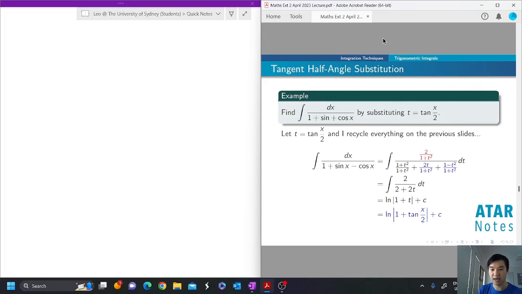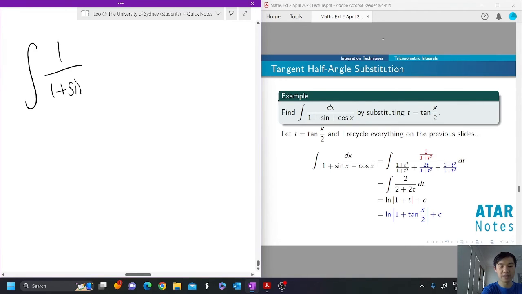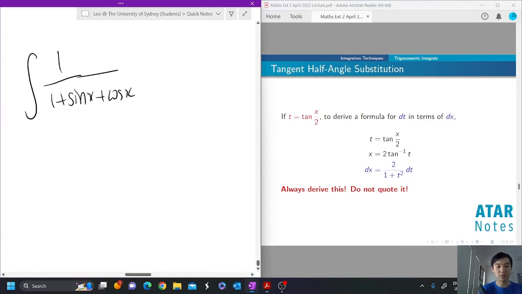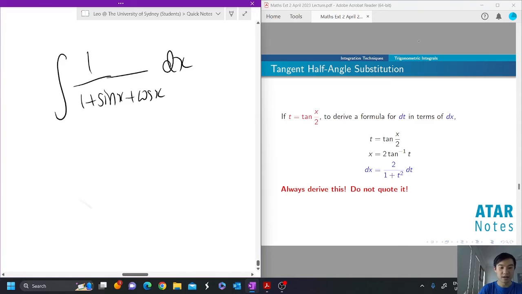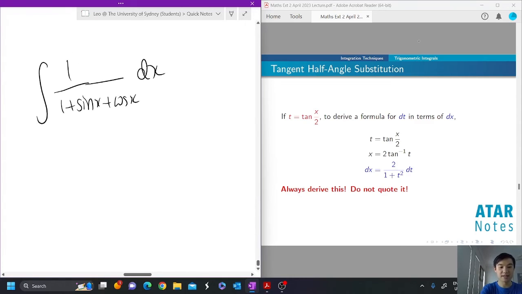So let's say we wanted to integrate 1 over 1 plus sin x plus cos x with respect to x. In this case, we can let t be equal to tan x over 2.